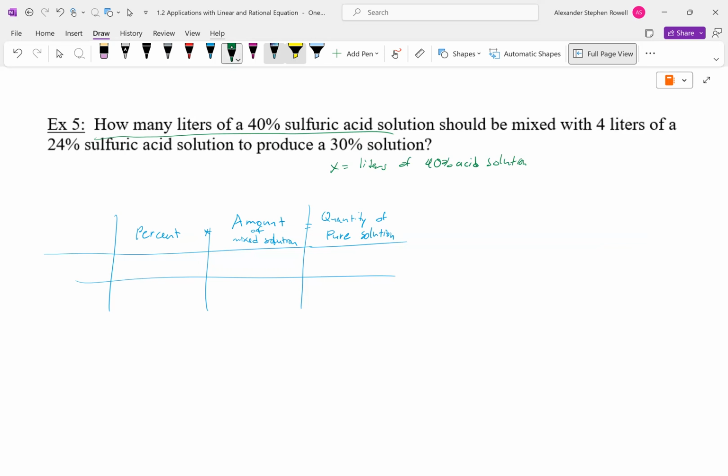Okay, so what am I mixing together? I have a 40% acid solution. What happened here? It just converted that to text.